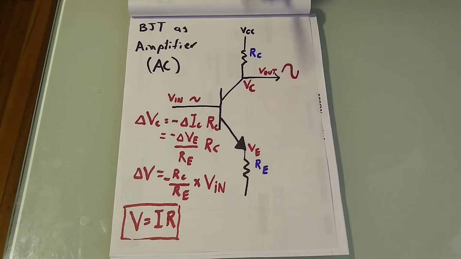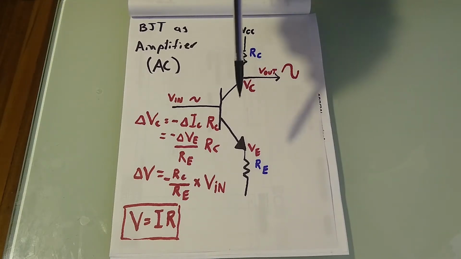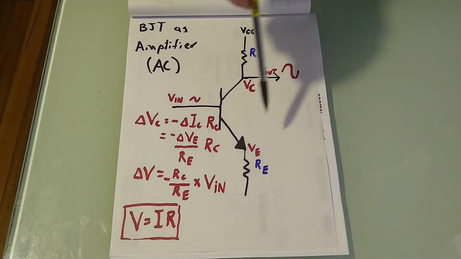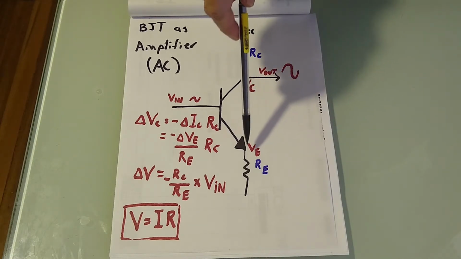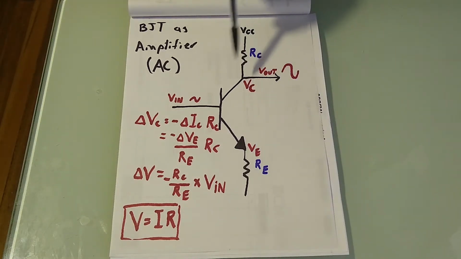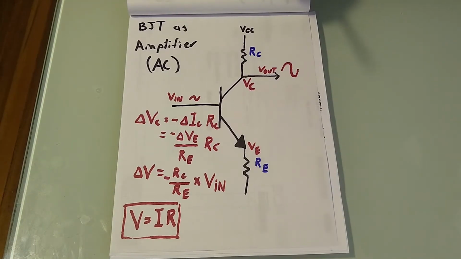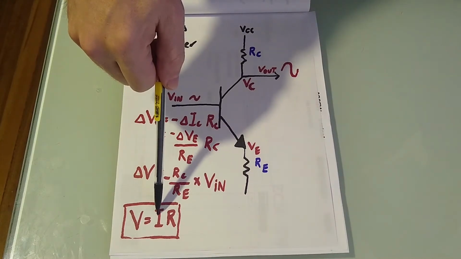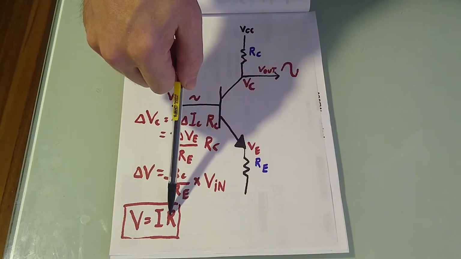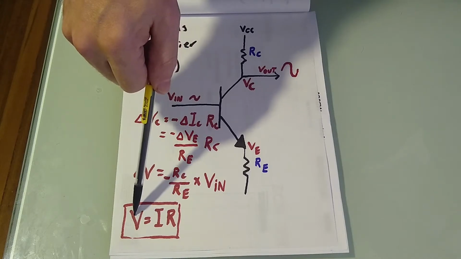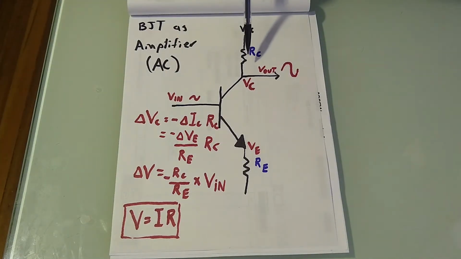Now, with this transistor, remember, the current at the collector always equals the current at the emitter. So, this current increase will also appear at the collector. If our collector current goes up, and our resistor at the collector is constant, then the voltage drop across this resistor will also increase.